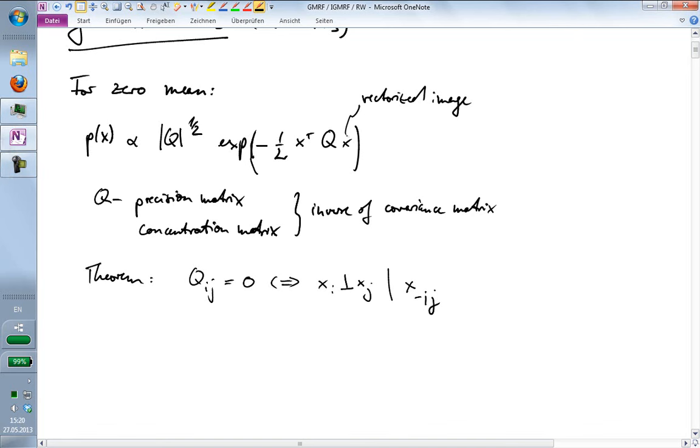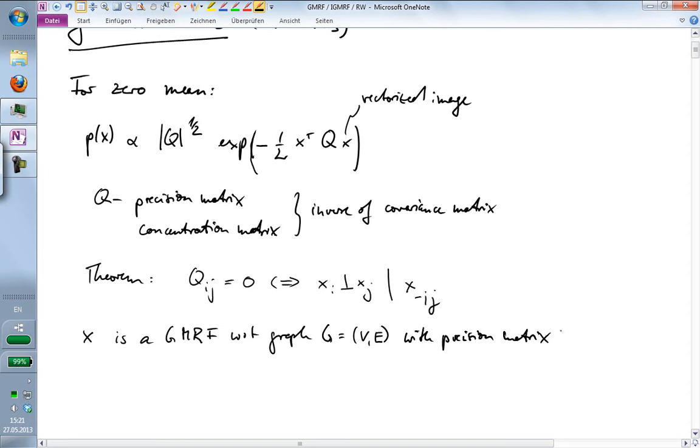So we can say that the collection of random variables x is a Gaussian Markov random field with respect to a graph G comprising vertices, and now I can write a normal graph G because we will only have pairwise interactions, with a precision matrix Q.